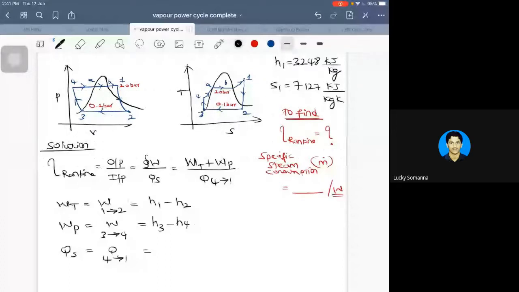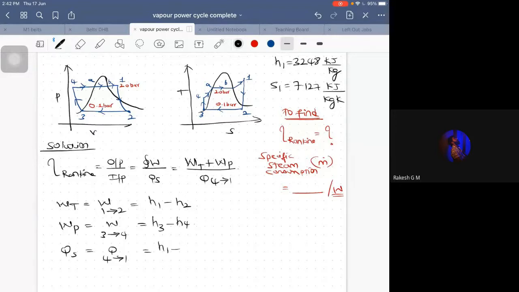H4 minus H1, or H1 minus H4? For heat it is final minus initial, and the final state is 1. So it is H1 minus H4.